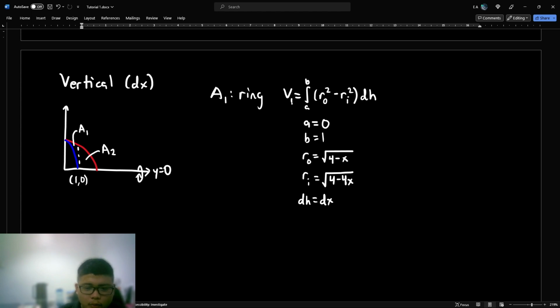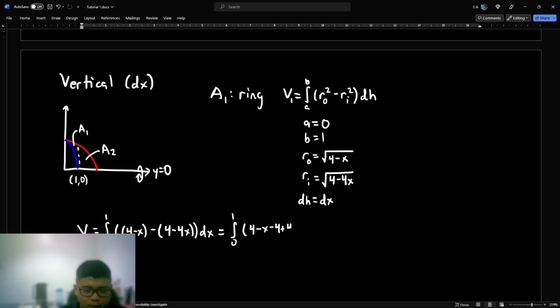Substituting, we get V1 is equal to the integral from 0 to 1 of 4 minus x, since it's going to be square root squared, minus 4 minus 4x, once again because it's square root squared, dx. Simplifying even further, we get the integral from 0 to 1 of 4 minus x minus 4 plus 4x dx, or simply 3x dx.